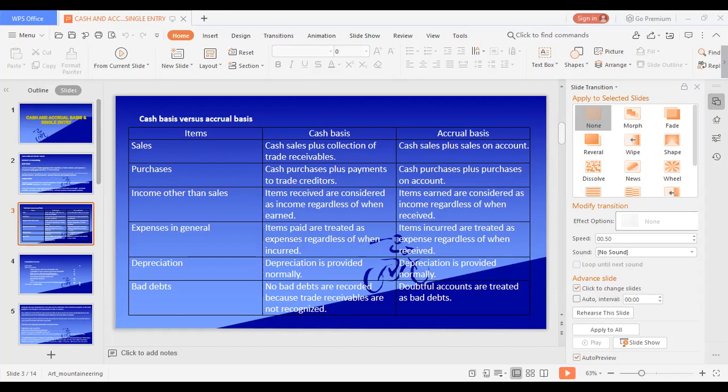Now, for the additional information, inventory on December 31, 2020 is 230,000. Then our entry will be to debit inventory and to credit income summary.